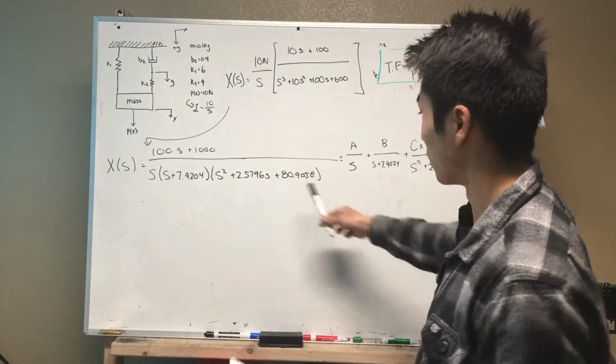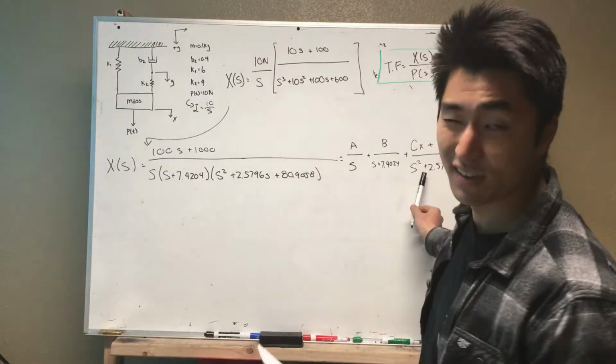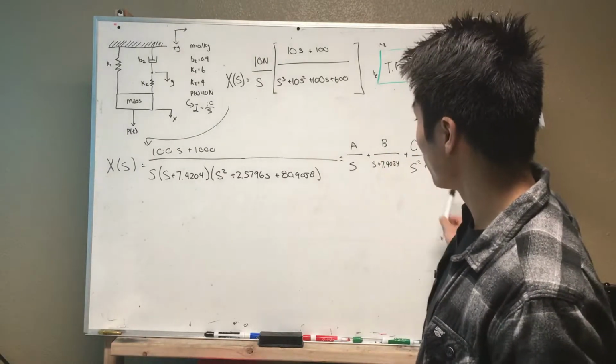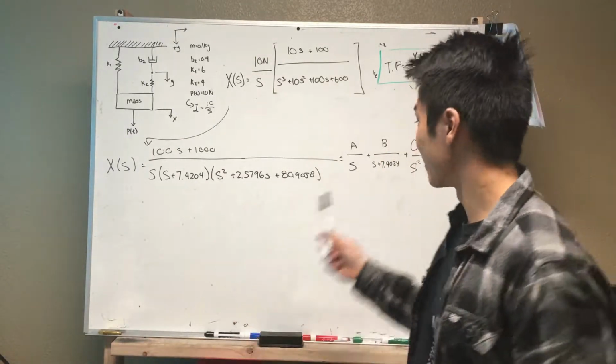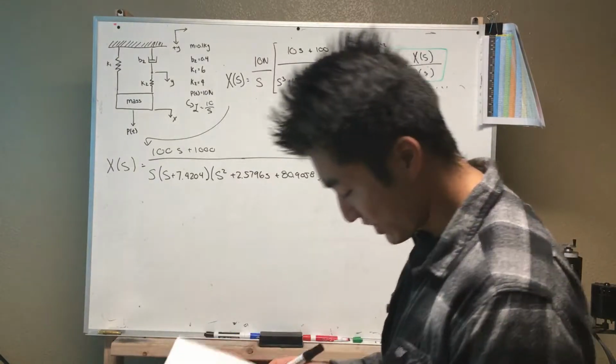And so now this is much easier to do, though it's another pain in the butt, but we can almost do our inverse Laplaces if it's in this form, right? But we're getting there. We're getting closer and closer.